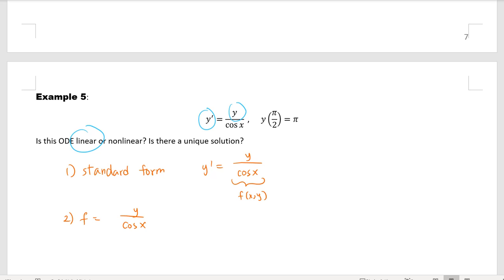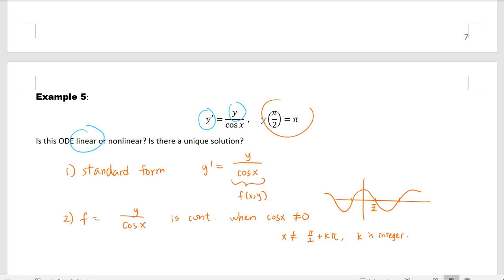Okay, this guy is continuous for all y, but only when the denominator is not 0. Okay, and what is cosine? Cosine looks like this. When cosine is 0, which means x cannot be pi over 2 plus k pi, where k is an integer. And oh, you see what happened? Our initial point x is actually pi over 2.